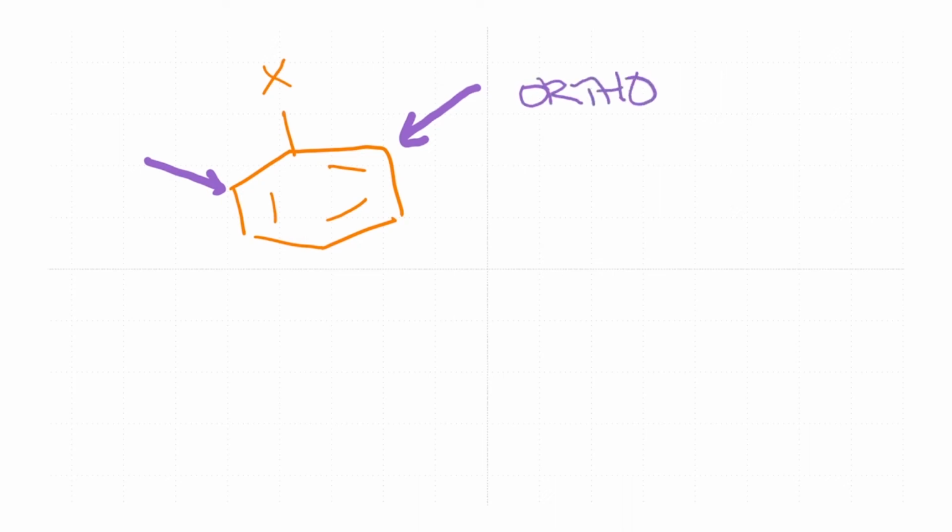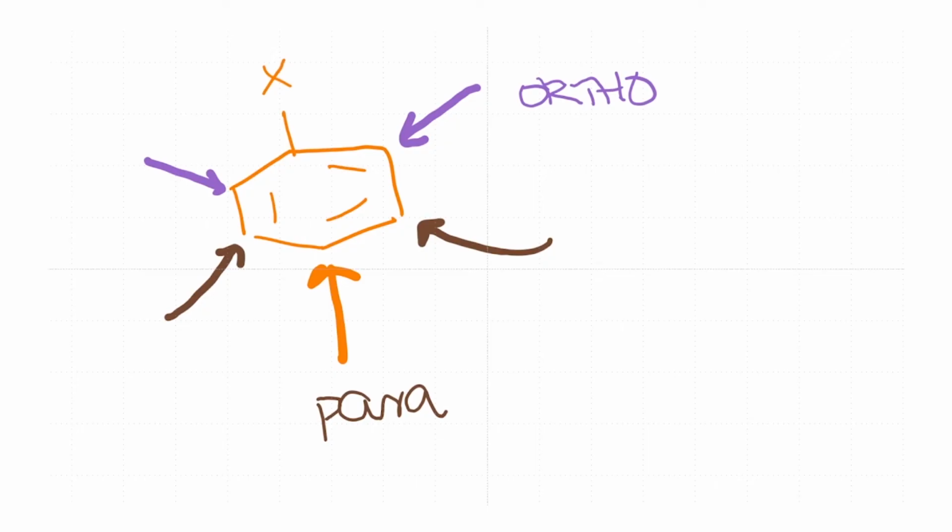This over here is called the para position, and lastly these two positions as shown here are called the meta positions.